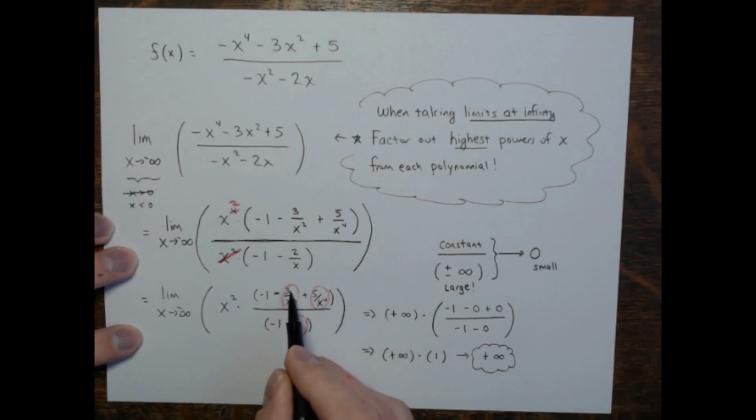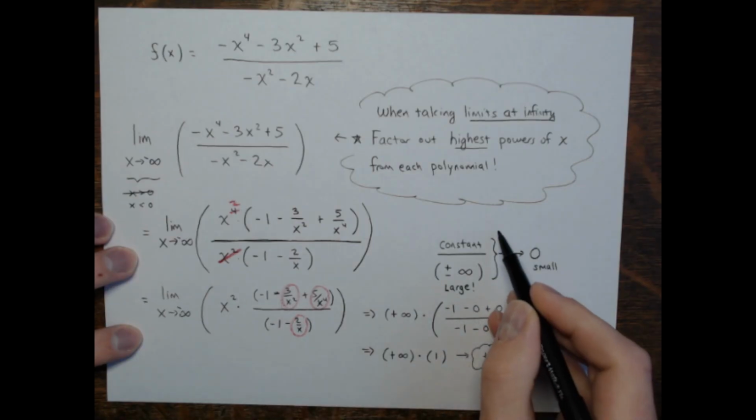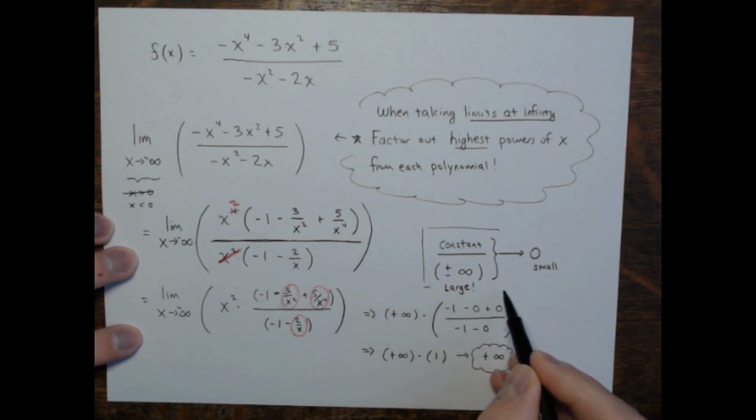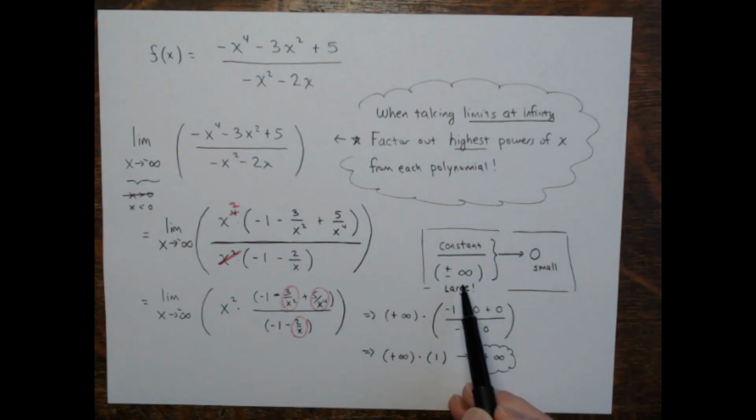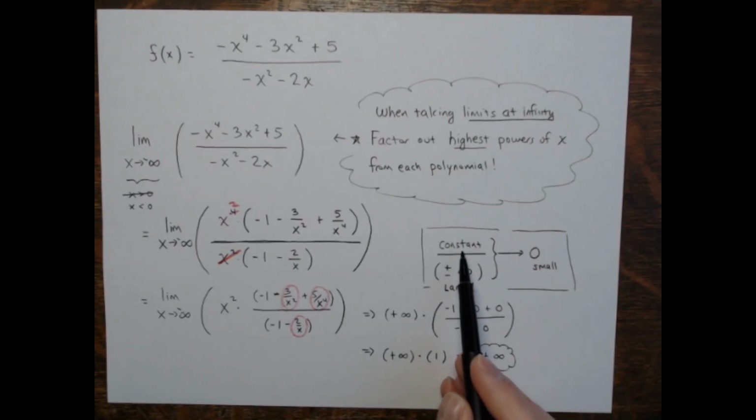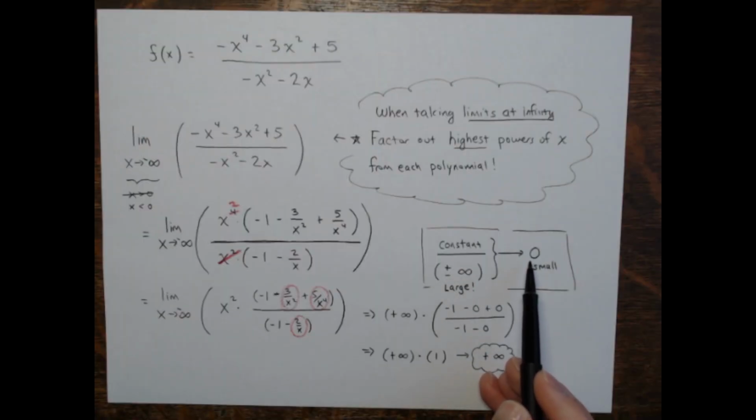And then this, 3 over x squared, 5 over x to the fourth, 2 over x. Again, all those look like this, where you have a constant in the numerator and some big denominator, big positive or big negative. If that happens, you have a constant numerator and a large denominator. That is a very, very tiny number. That is very close to 0.